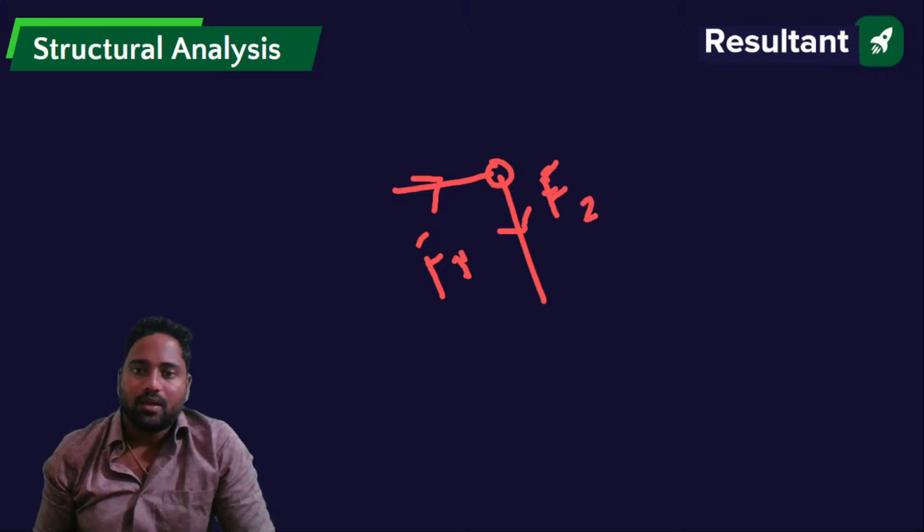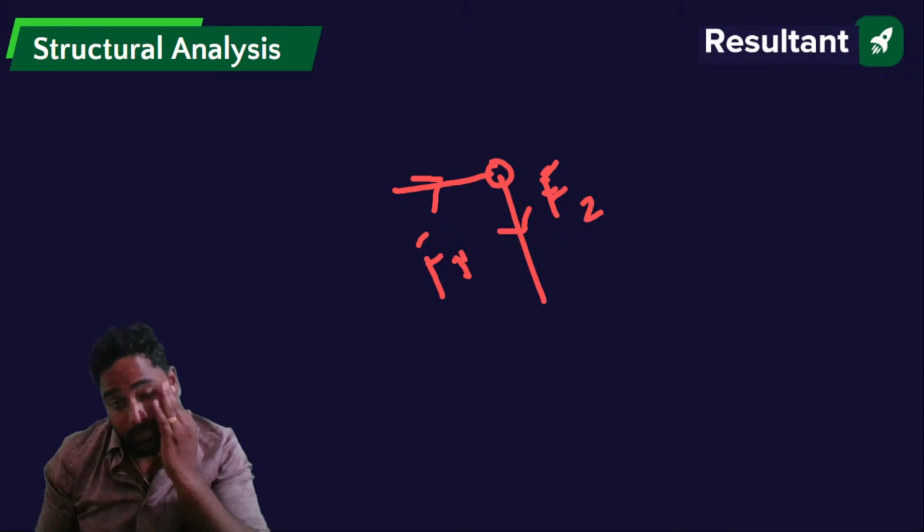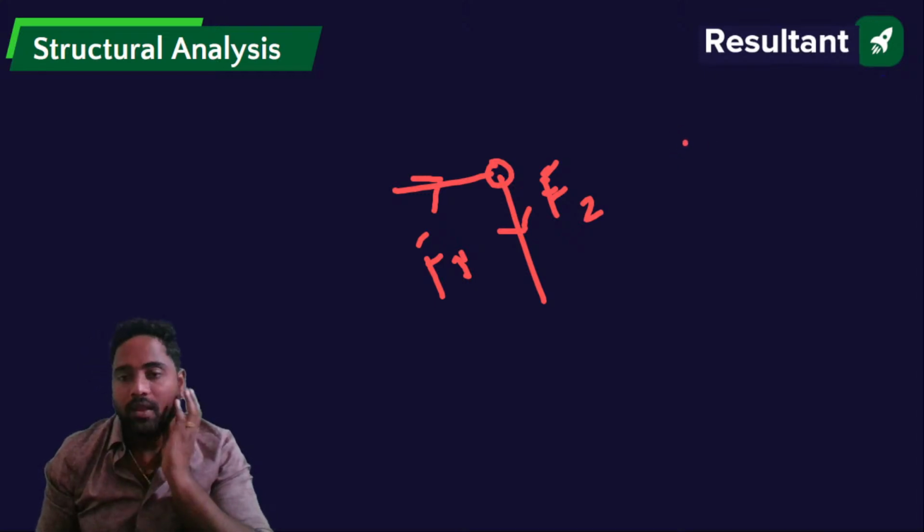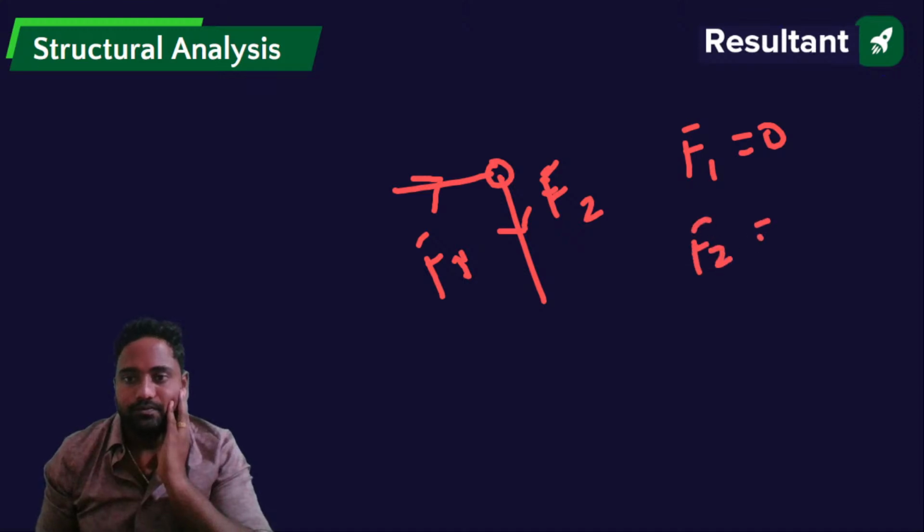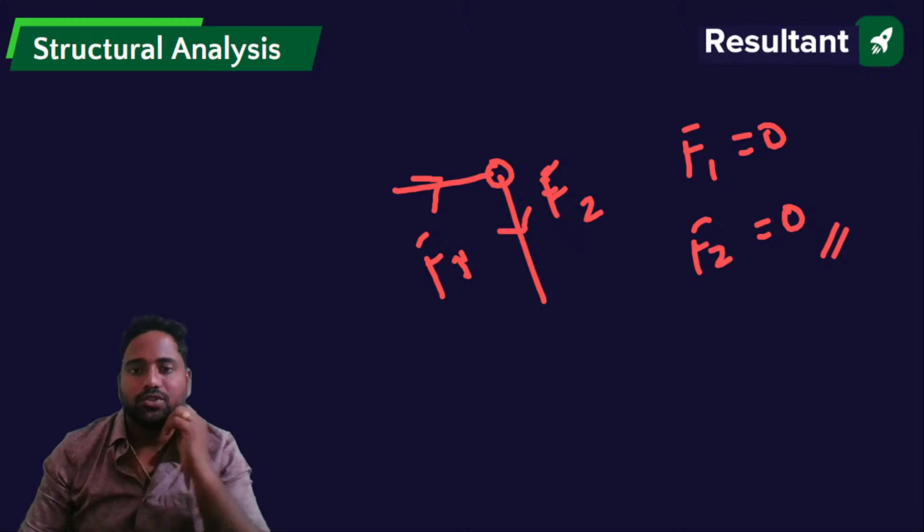Then you can simply take F1 equals 0, F2 equals 0.